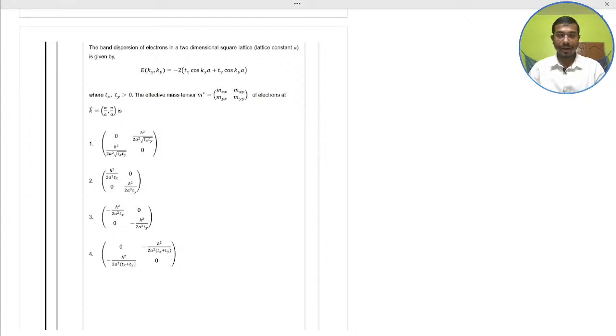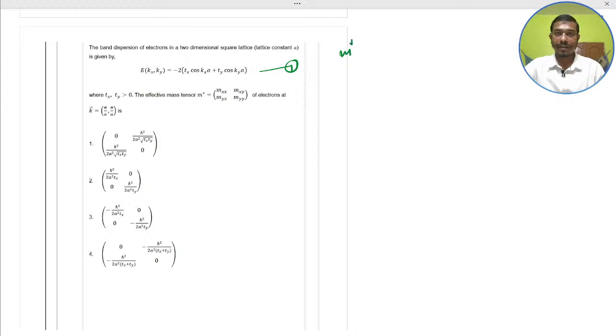This is coming from band theory, condensed matter physics. Very lengthy question. I will give you hints, you solve it yourself. The energy expression is equation number 1, and the tensor is defined.